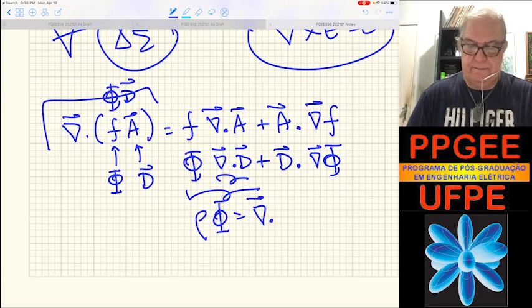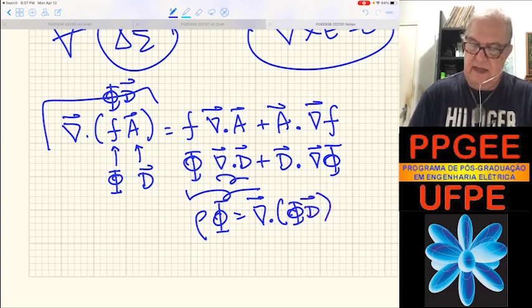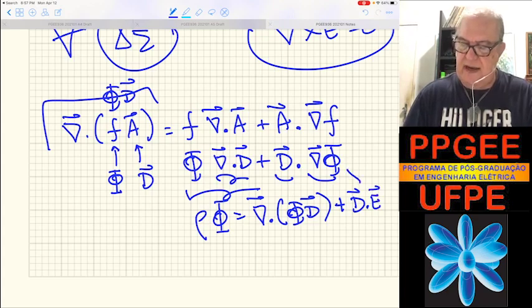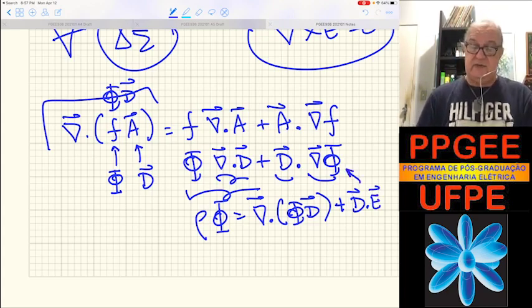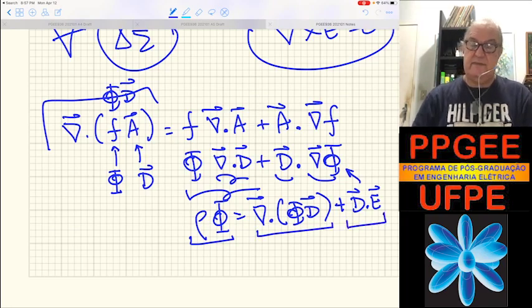So we are transforming rho phi: it equals the divergence of phi times D, minus D dot nabla of phi, which is plus D dot E, because E equals minus the nabla of phi. So that's what we have. I mean, the integral that appears to calculate the energy can be separated in those two terms here.